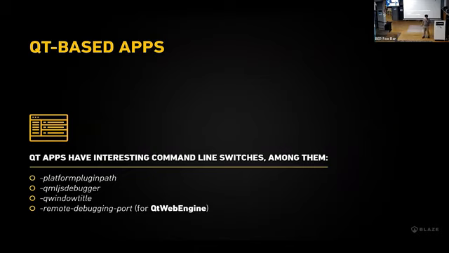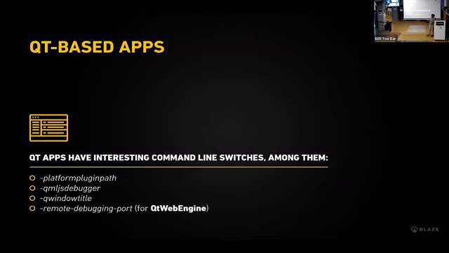Some of them are pretty interesting, unless you have your Qt application compiled statically. They will look for DLLs and so on. In this case, there is a very important one here, platform plugin path. With this one you can set the path that it's going to load DLLs from. And in this particular case, we're going to see later how to exploit that.